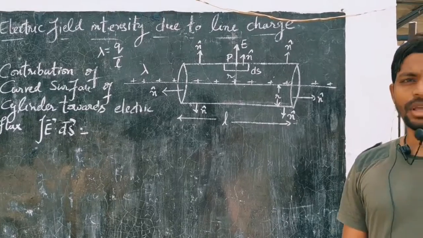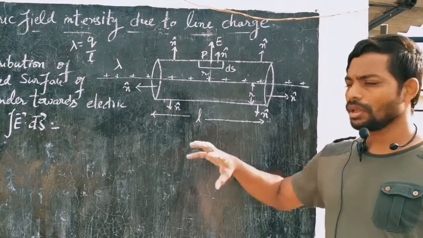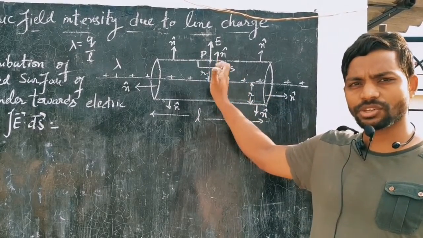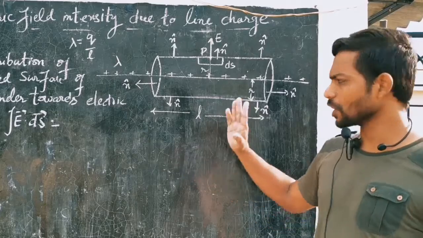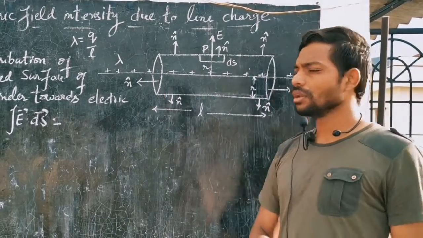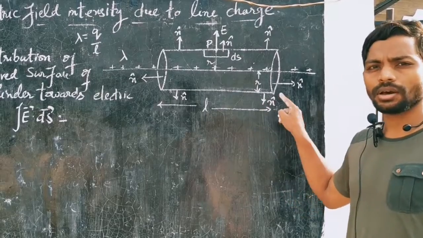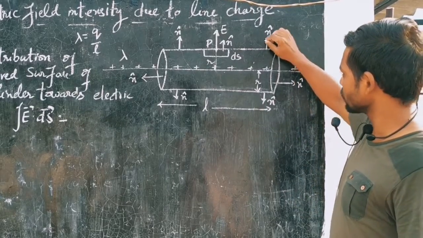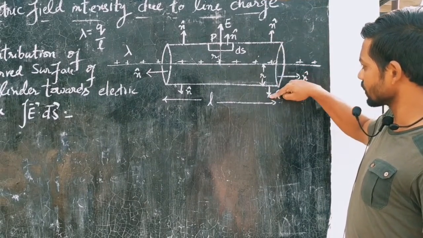Fine. If you try to compute the flux which is coming out of this right circular cylinder, it has firstly a curved surface and there are two ends of the cylinder. Let me tell you that I have mentioned in this diagram the area vector's direction for all these. For curved surfaces you can see here it is upward, here it is downwards.